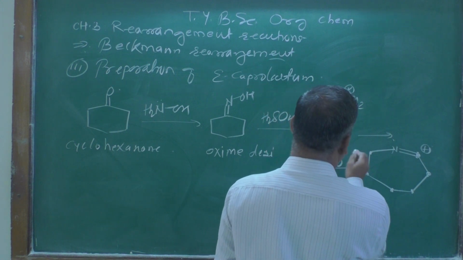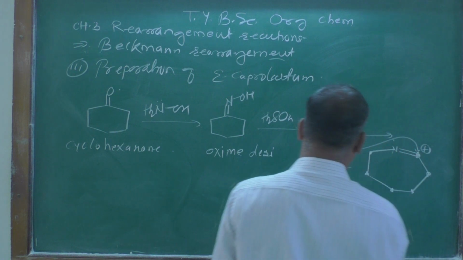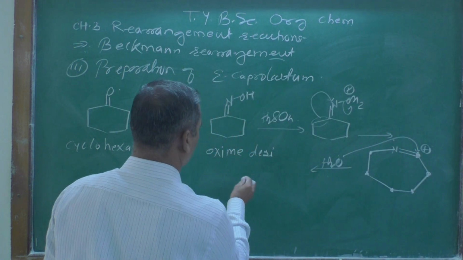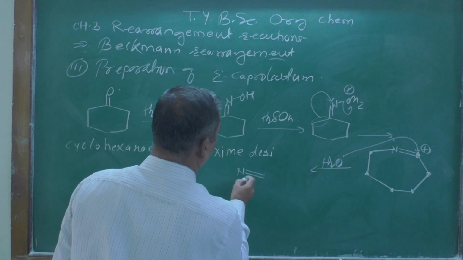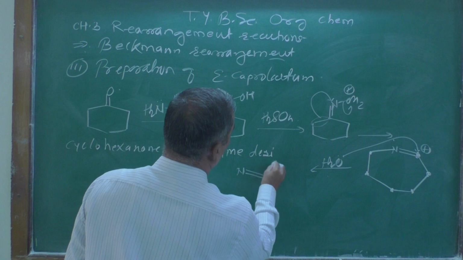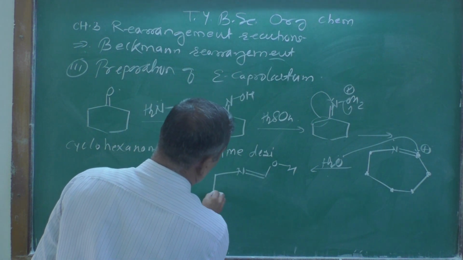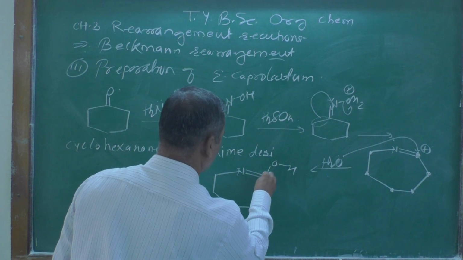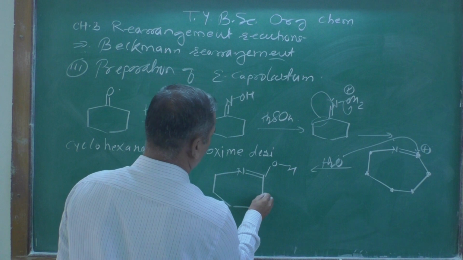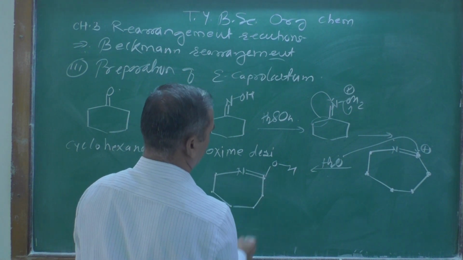This water molecule is going to attack on this carbon atom, and after attacking on it, we can write this double bond, then here OH, and the other things remain as they are. So 1, 2, 3, 4, 5 and this one is 6.